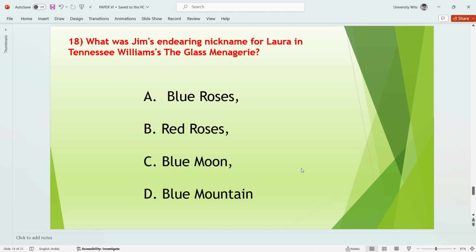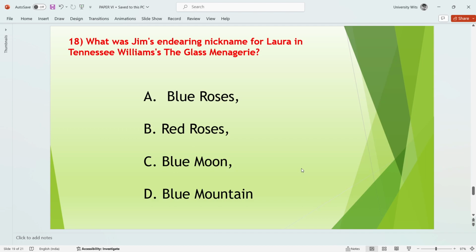Actually, the correct option is blue roses, because if you read this work, in Tennessee Williams' The Glass Menagerie, Jim reveals that his childhood nickname for Laura was blue roses, and this arose from a misunderstanding when Laura, who was often sickly, told him she had pleurosis. Pleurosis means she had a lung infection. Jim was unfamiliar with the term pleurosis, so he misheard it as blue roses.